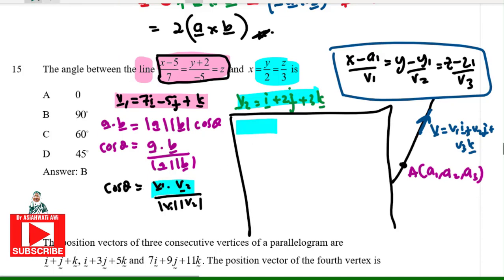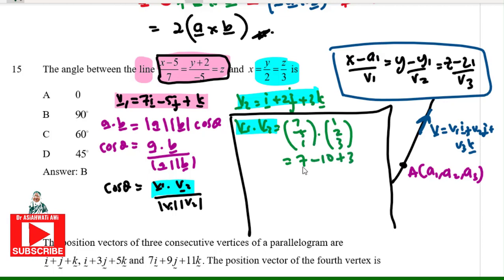First, v1 dot v2 is equal to (7, -5, 1) dot (1, 2, 3), which is 7 minus 10 plus 3, equal to 0.